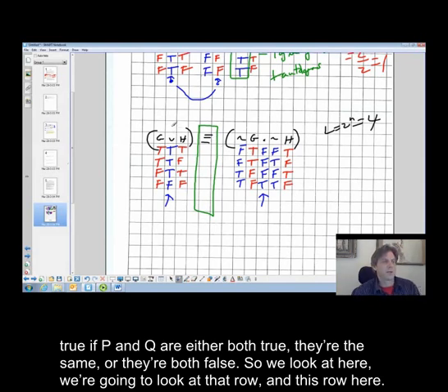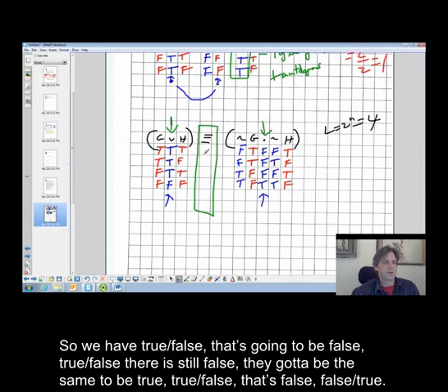Okay, so we look at that row and this row here, okay? So we have true, false, that's going to be false, right? True, false there is still false. They've got to be the same to be true.